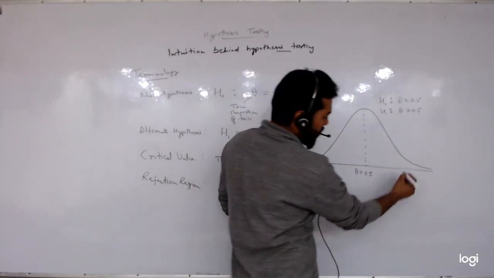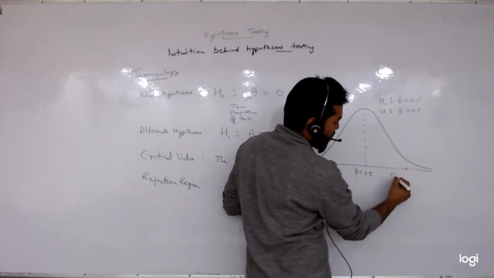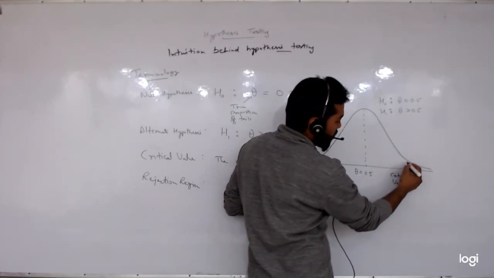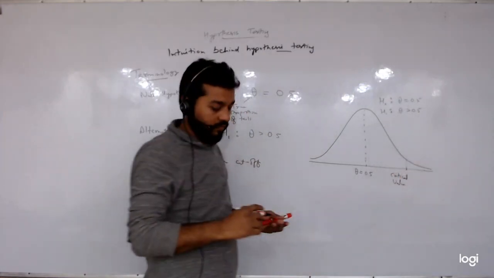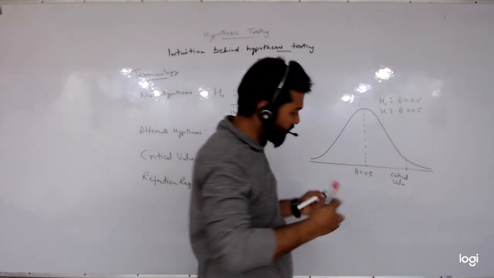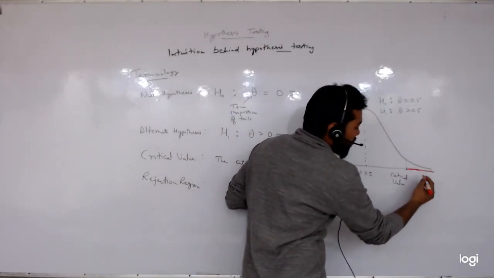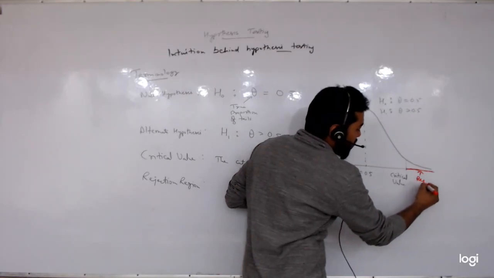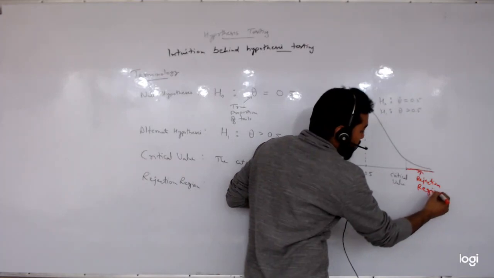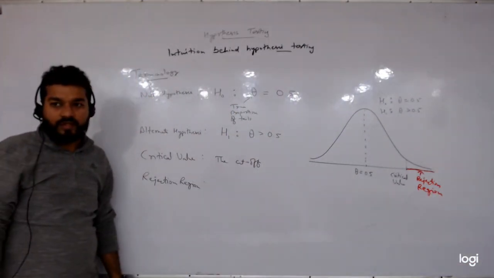Then if it's one-tailed, we're going to have a critical value. Then this red one would be the rejection region.